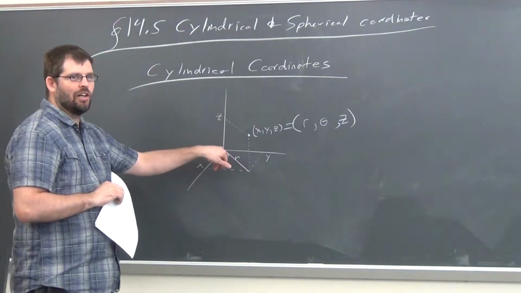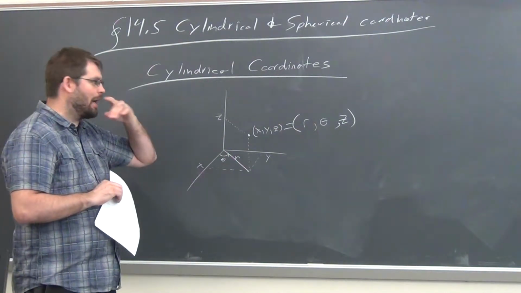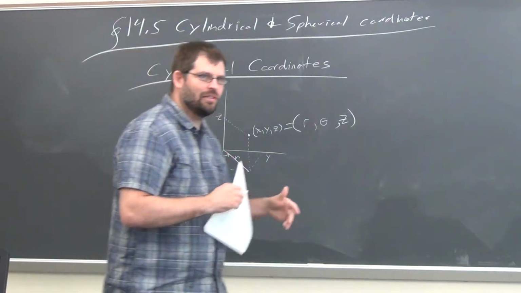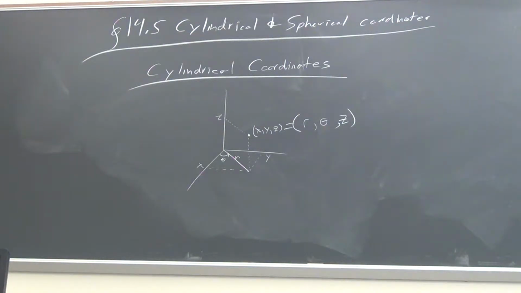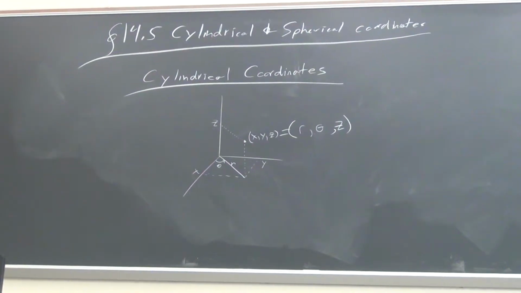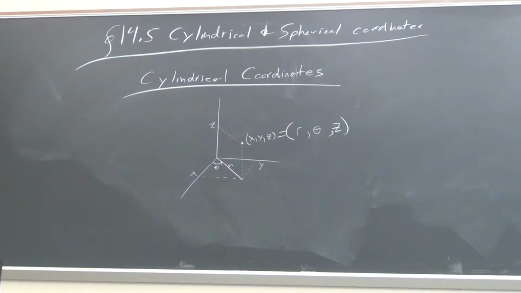You can do negative r's that push back in the opposite direction. Once you're in 3D, though, sometimes that's pretty ugly to deal with. And so even something as simple as plotting points can be a little bit painful. But let's try it and see how we do.